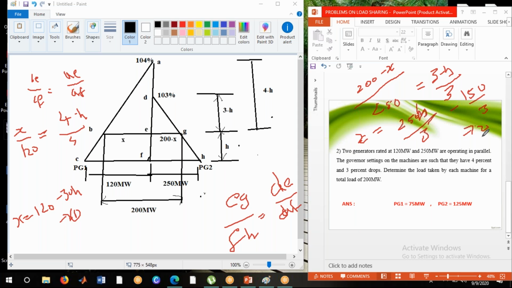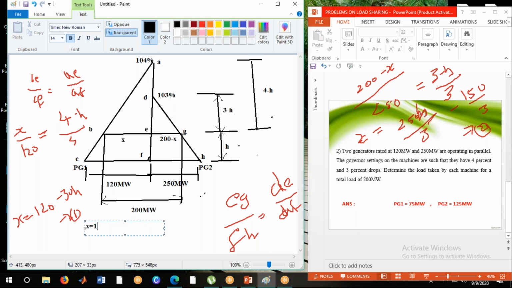By solving equations 1 and 2, find the H value. Equation 1 is X equals 120 minus 30H. The second equation is X equals 200 minus 250 by 3, that is 83.33H, minus 50.